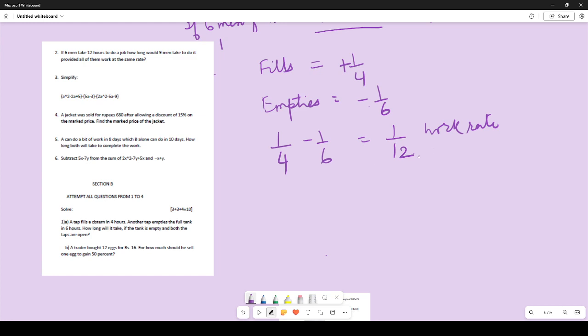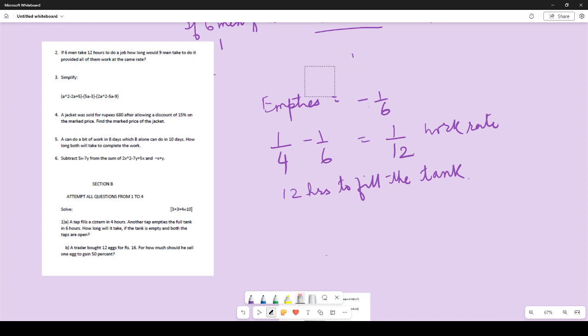And remember, to find the time to fill the tank, we just reverse the work rate and it will take 12 hours to fill the tank, right? So that should be your answer.